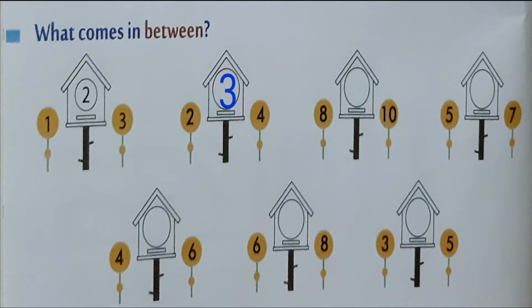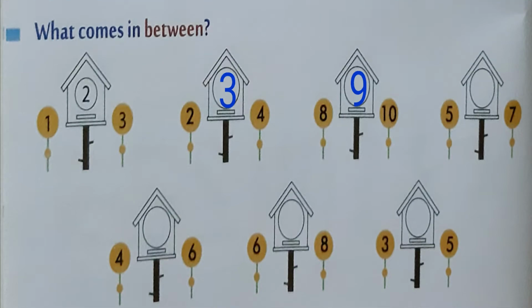Good. 3. 2, 3, 4. And next one is 8 and 10. Between number of 8 and 10 is 9. 8, 9, 10. The between number of 8 and 10 is 9.